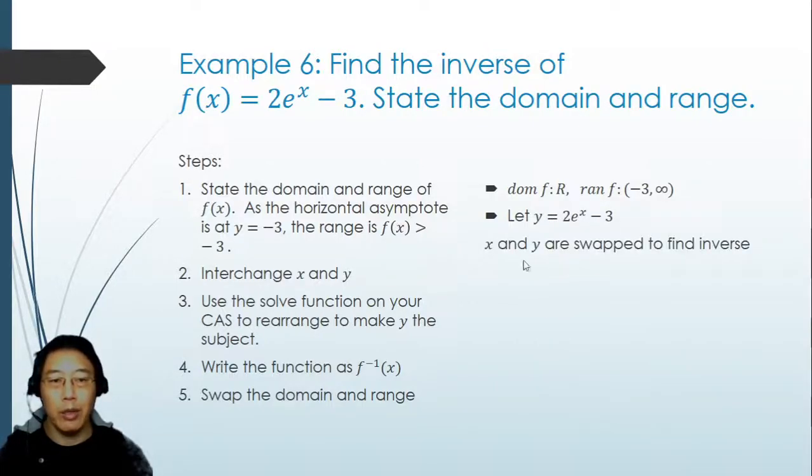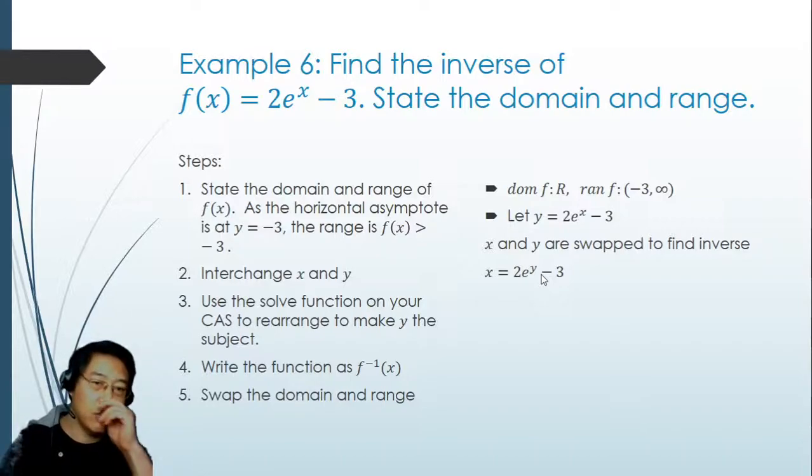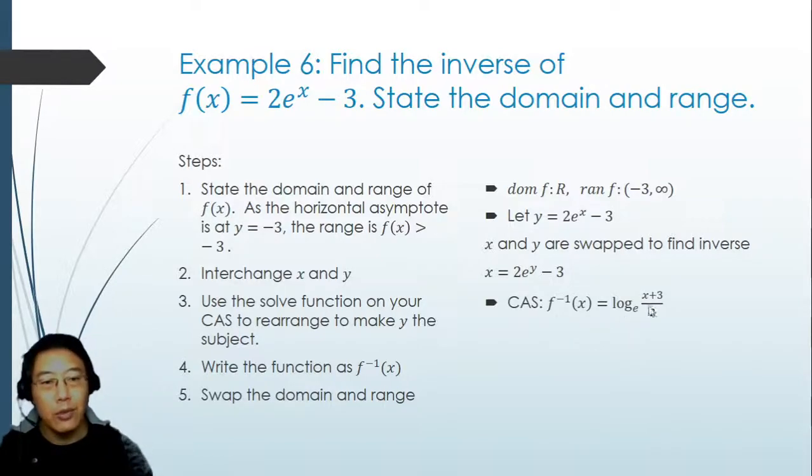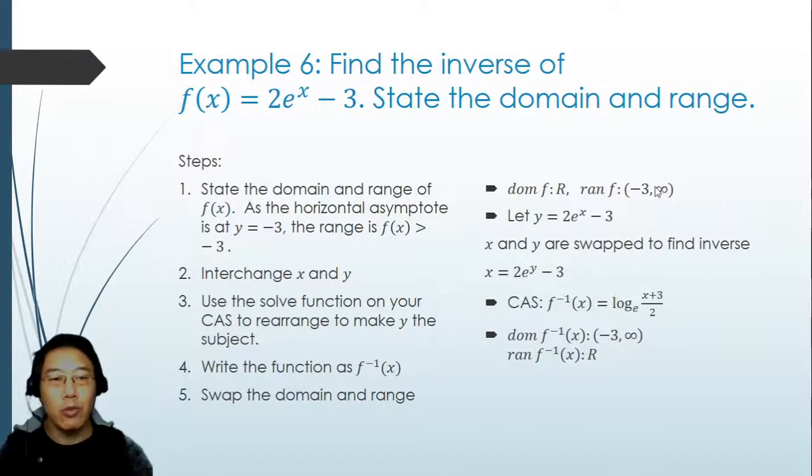You swap around the variables. You now rearrange that either algebraically or using your CAS calculator. You get log of e bracket x plus 3 over 2. That's fine. And the domain will be -3 to positive infinity, and your range will be R.